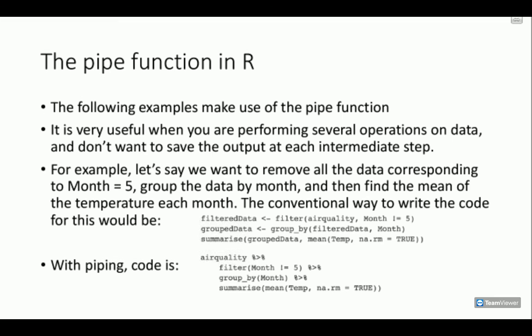One example of the utility of the pipe function is when you don't want to store the output of every single function, such as in this example. I have some filtered data, I'm using some functions, creating a subset of the data set, storing it in this variable, then using this variable for another function, creating another data set, and then using that data set to create something else.